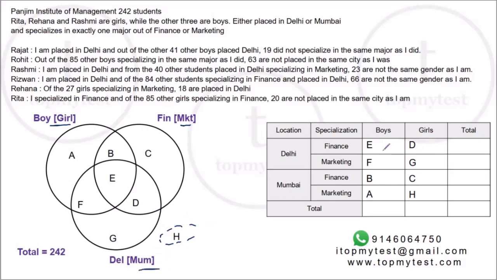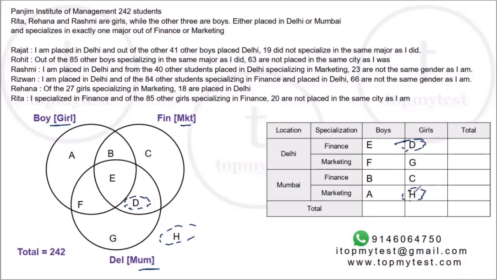So H will be girl, marketing, Mumbai. Similarly, if you look at D, D will be outside of boy, so girl, inside finance, and inside Delhi. So girl, Delhi, finance will be D. So I've marked out all the regions, corresponding regions here to here.